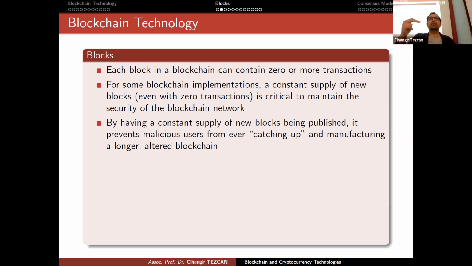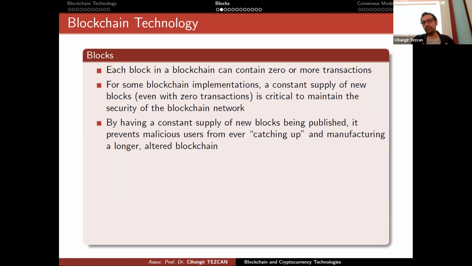So an attacker might go back and create new blocks and create a new tower, and the new tower might be longer than your previous tower. So for this reason, in cryptocurrencies, you have to constantly add new blocks, even if there are no transactions at all.